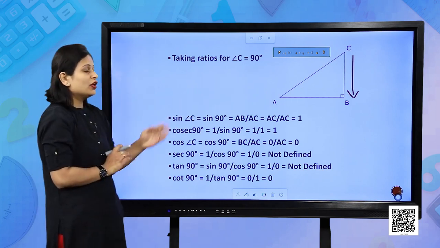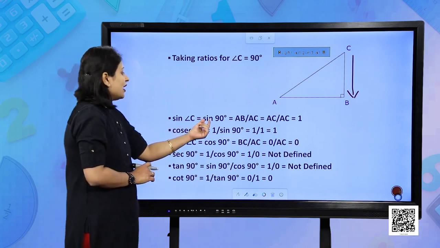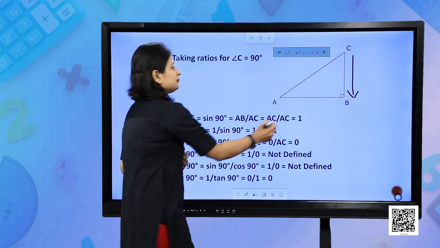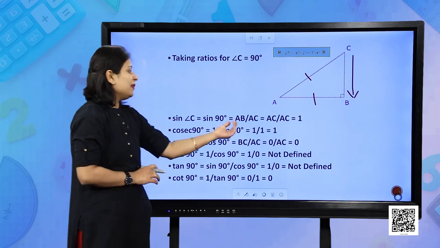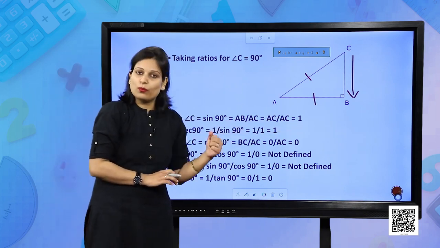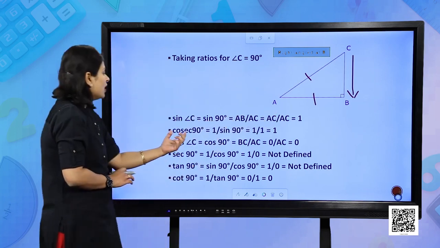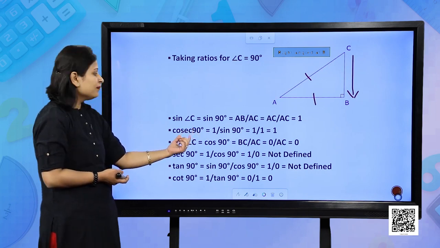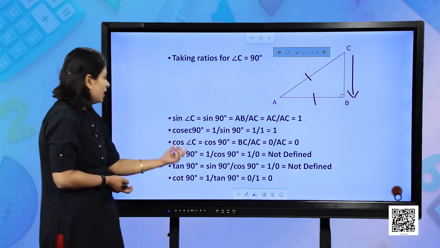So, now trigonometric functions with respect to angle C are: sine of 90 degree is AB upon AC, and AB and AC are equal. So, AC upon AC will give you 1. So, sine 90 degree is 1. Cosecant 90, reciprocal of sine 90, you will get 1 upon 1, which is also 1.